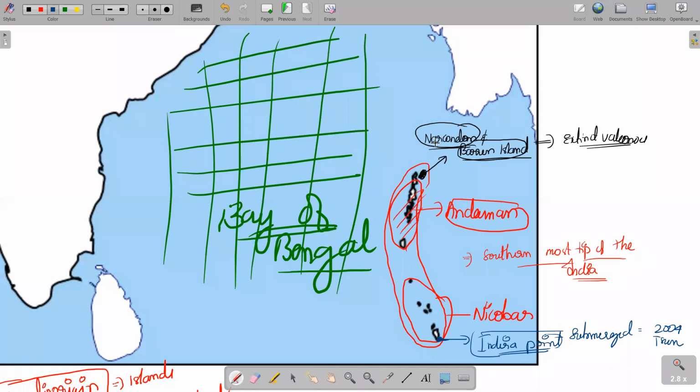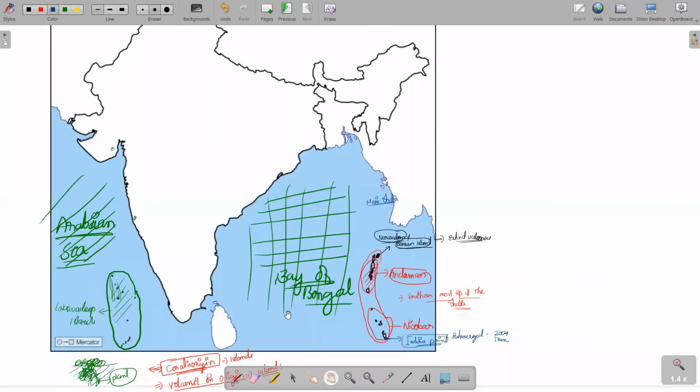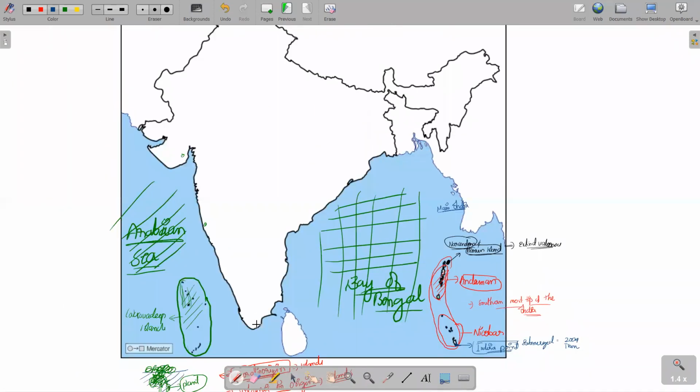Kanyakumari will be, see, the question is, if they ask for the southernmost point of main India, then you can simply go and point out Kanyakumari. This is at the bottom.